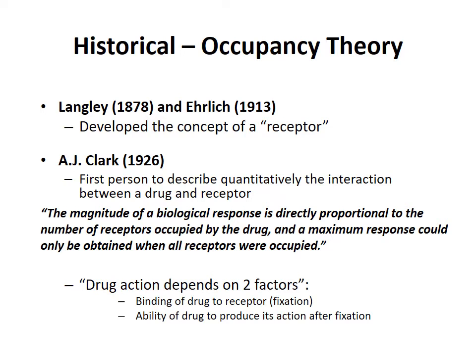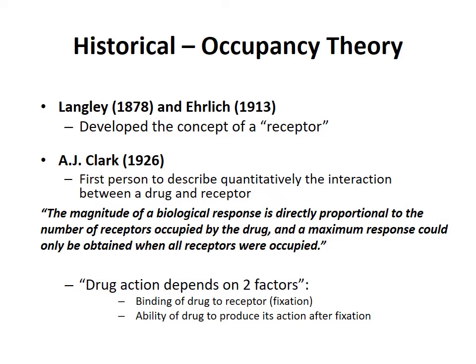A scientist named A.J. Clark was the first person to describe quantitatively the interaction between a drug and a receptor. And he said the magnitude of a biological response is directly proportional to the number of receptors occupied by the drug, and a maximum response could only be obtained when all receptors were occupied.